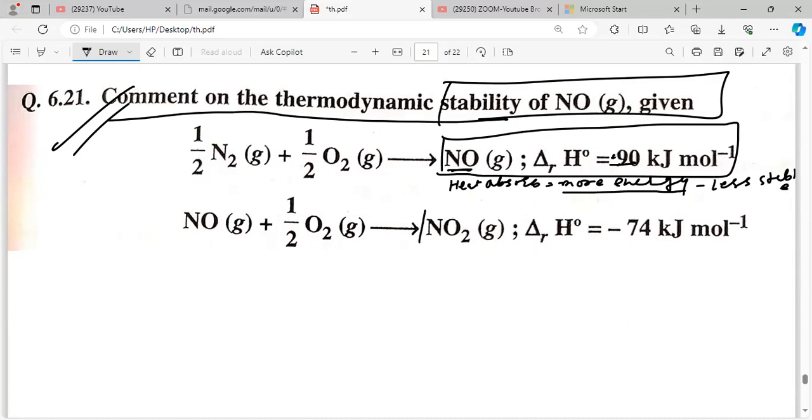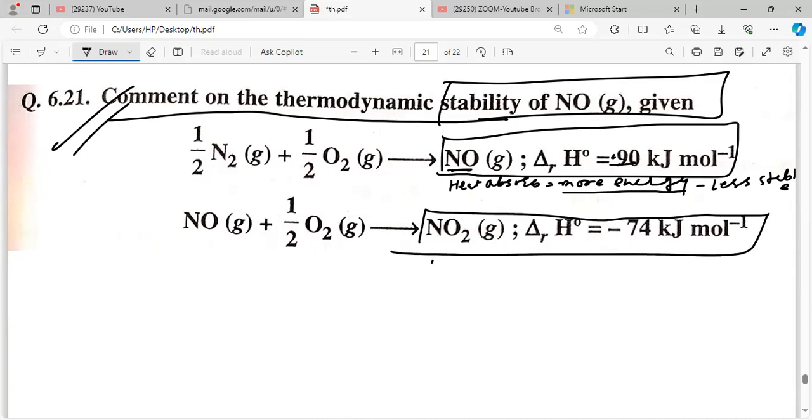Now, here along with the product energy loss. Energy loss means less energy. Because energy loss, less energy. So more stable. So which one is more stable? The down one is going to be more stable, and the upper one will be less stable.